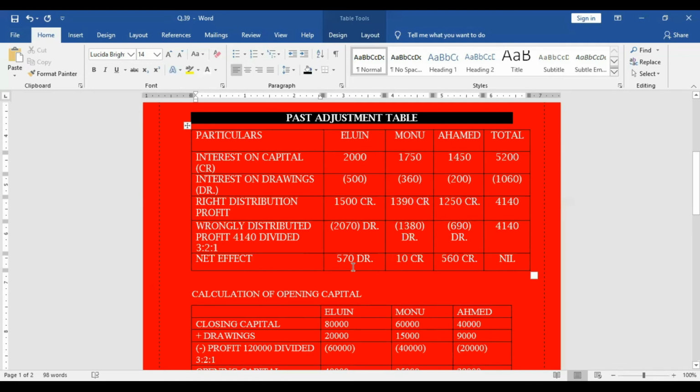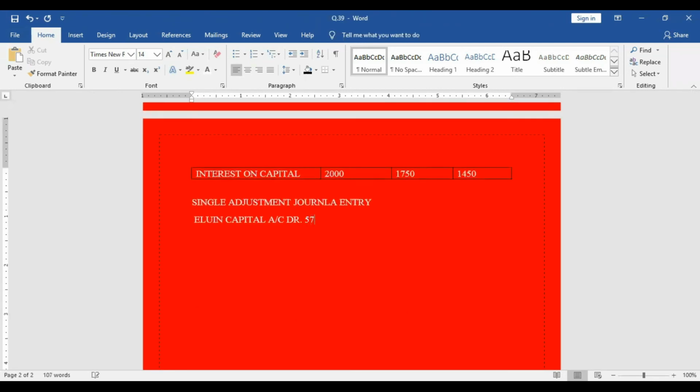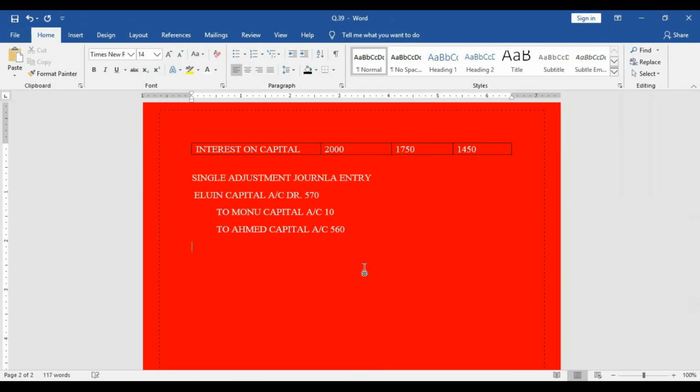The excess distribution we have to debit through the single adjustment entry: Yelun's capital account debited with 570, Monu's capital account credited with rupees 10, and Ahmad's capital account credited with 560.